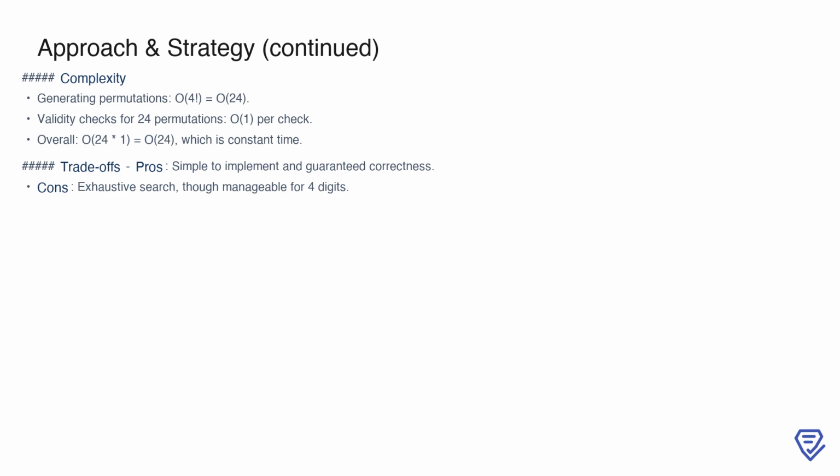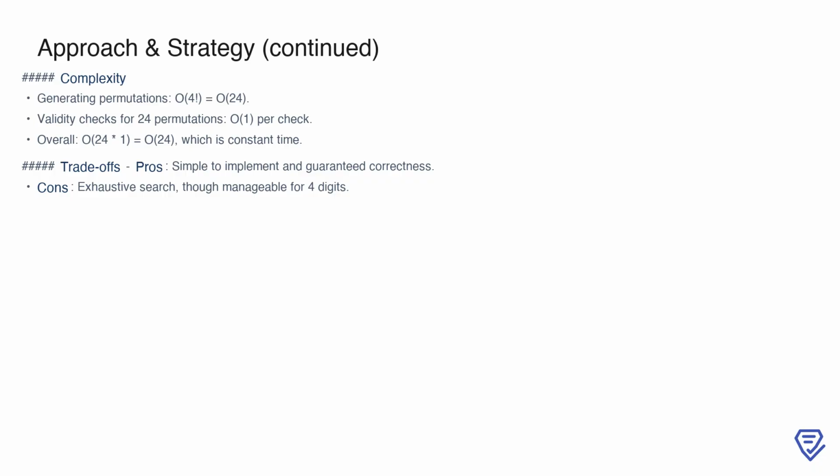Validating each of these 24 permutations is an O(1) operation, as we are simply checking numerical ranges for hours and minutes. This makes the overall time complexity O(24 * 1), which is effectively constant. While the brute force method is exhaustive, the small input size ensures it remains efficient. The main advantage of this approach is its simplicity and guaranteed correctness, as we systematically evaluate every possibility.